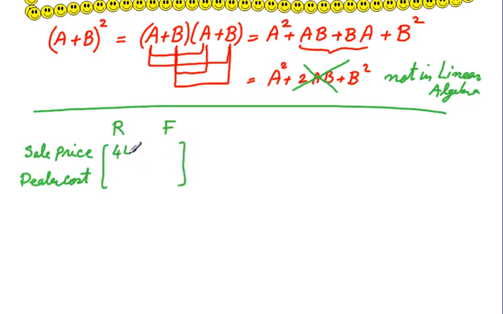So here are some typical numbers. The sale price of a refrigerator is supposed to be $445, for a freezer $250. Presumably they are buying these things at $310 each, and these at $180 each. Then they are keeping track of how many of these gadgets they are selling.